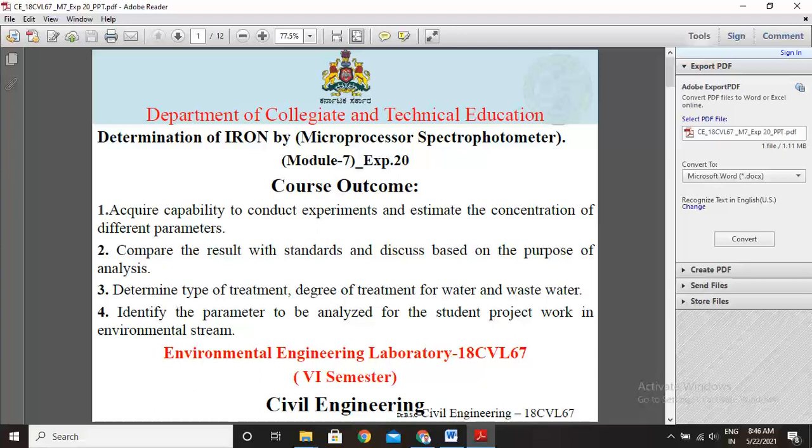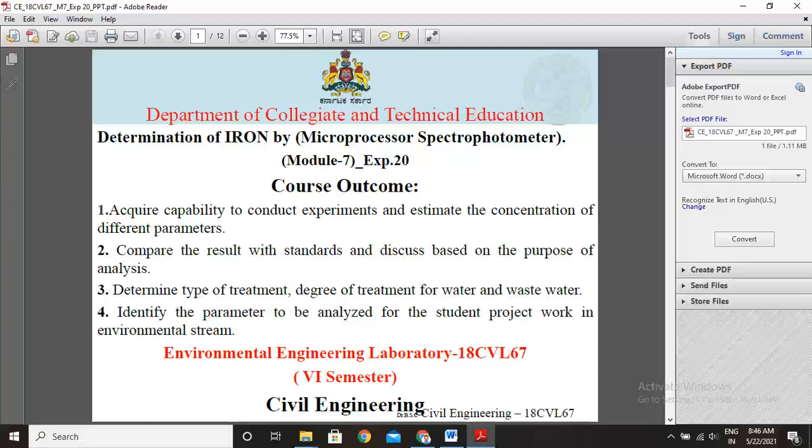Third is determine type of treatment and degree of treatment for water and wastewater. Fourth is identify the parameter to be analyzed for the student project work in environmental stream.